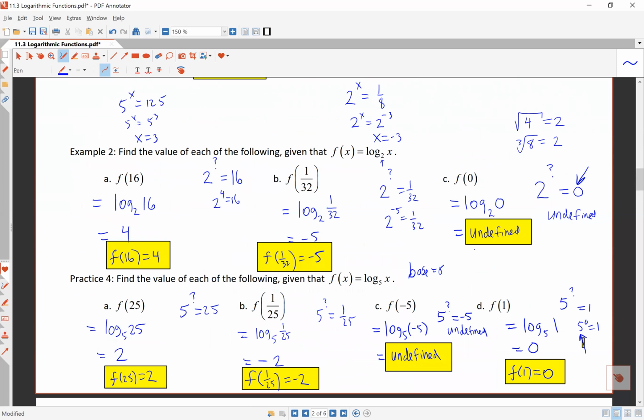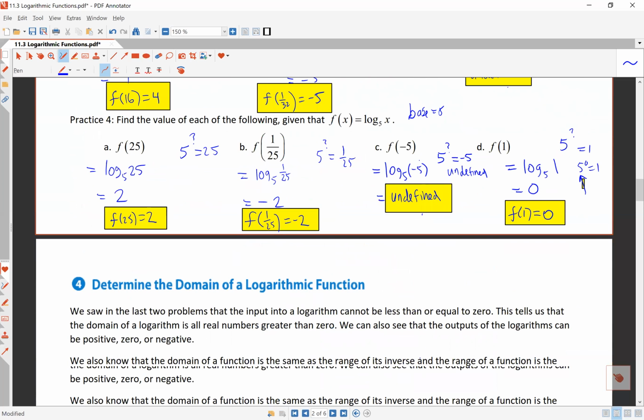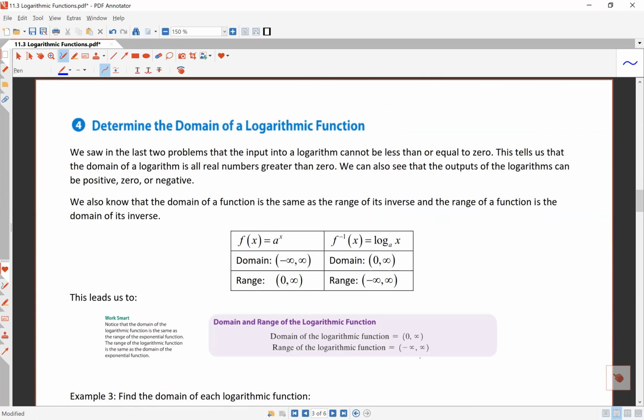We saw that when we plugged in the 0, we got undefined, and when we plugged in negative 5, we got undefined. This tells us that the domain of a logarithm is all real numbers greater than 0. We want numbers that we can plug in and get some nice number out of it. We also saw from these tables above that the outputs of the logarithms can be positive, 0, or negative.